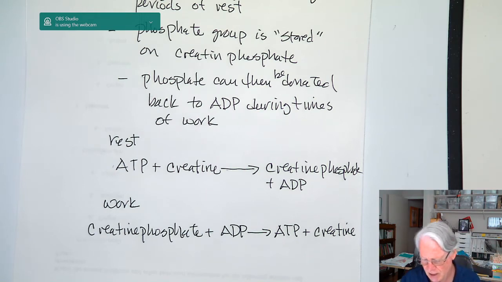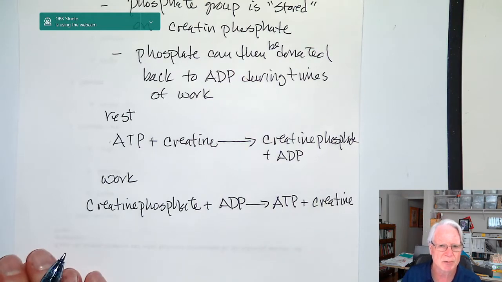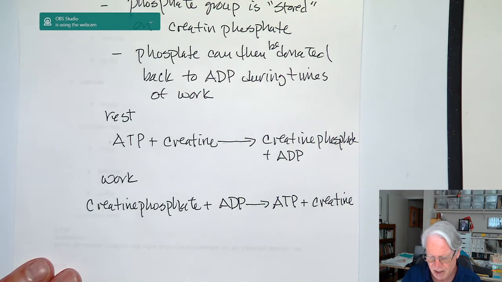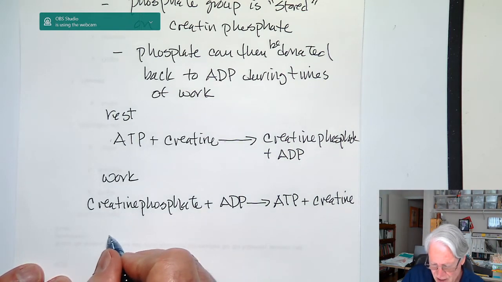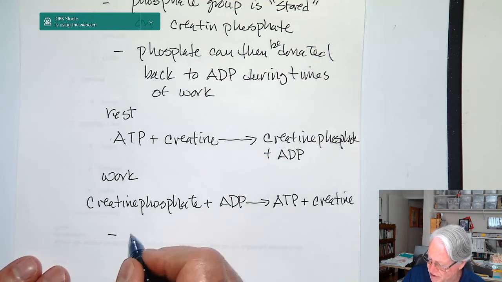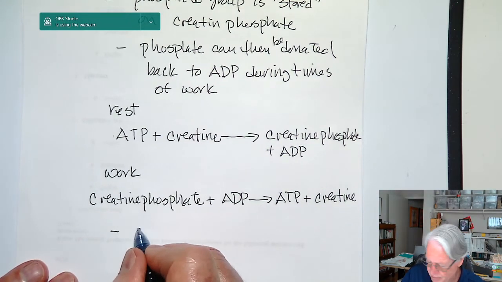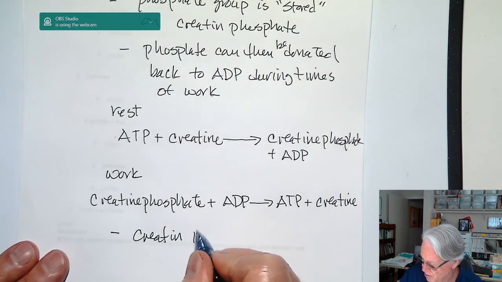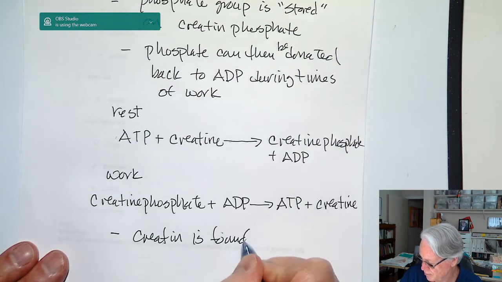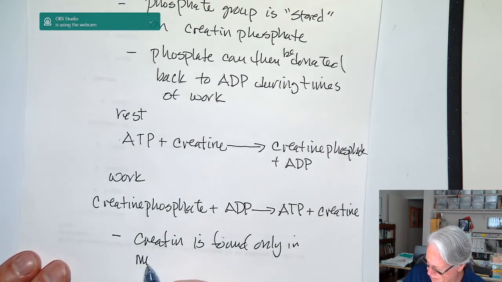Okay. So how much energy does this system provide for us? What are we talking about here? How much energy does this system provide for a muscle cell? So first of all, let us state this fact, that creatine is found only in muscle cells.